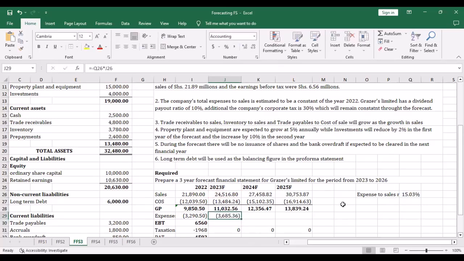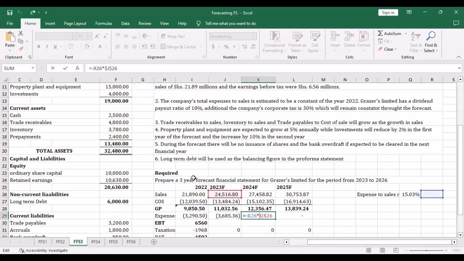Because I never locked this one, if I click in this cell, I lock it fully, so it is J, this one, I press F4, then enter. Then I just have to drag. So let me click in this cell. It says R26.